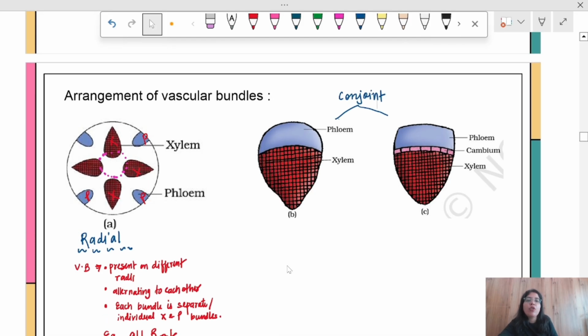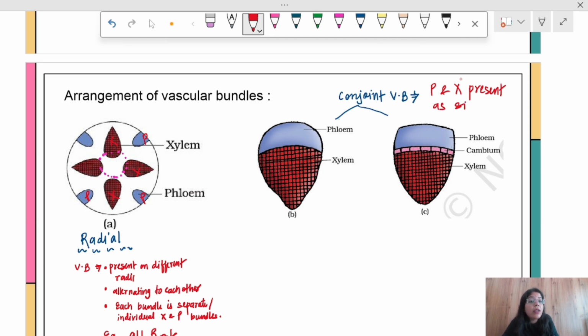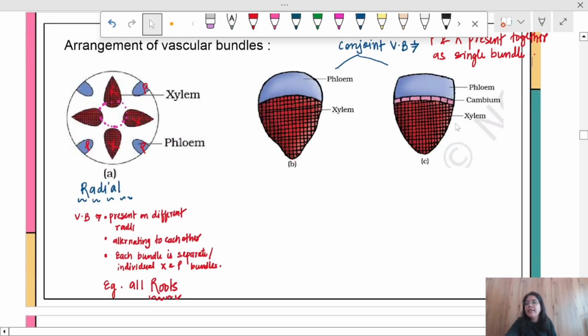Okay, what is the meaning of conjoint? Conjoint vascular bundle means, can you see here phloem and xylem are present together in one bundle? Yes. So what I will write here? Phloem and xylem present together as single bundle.